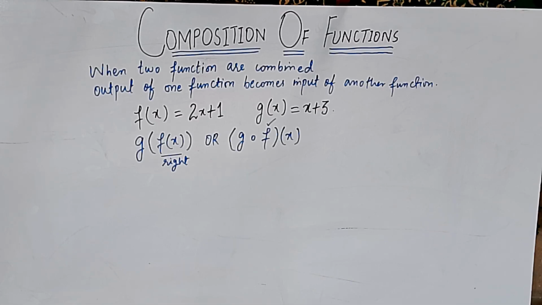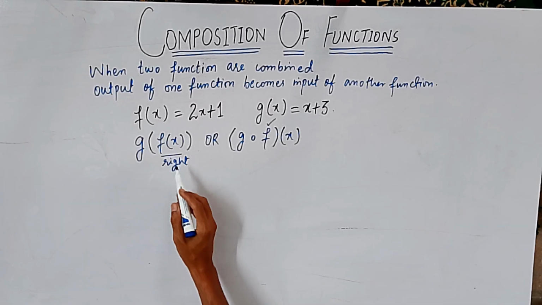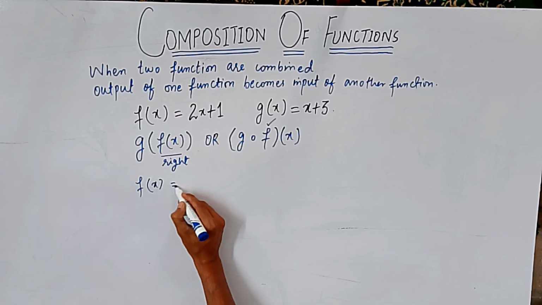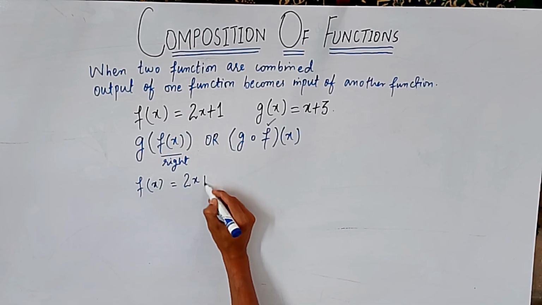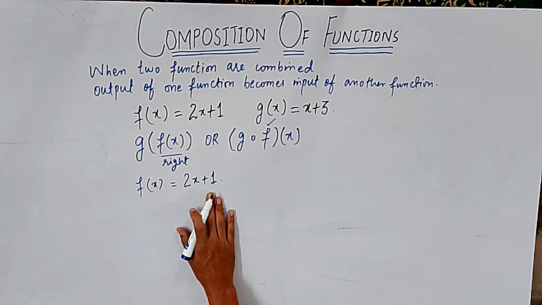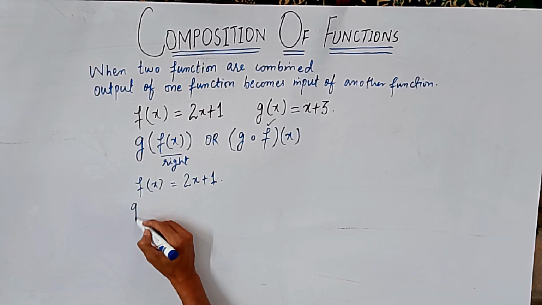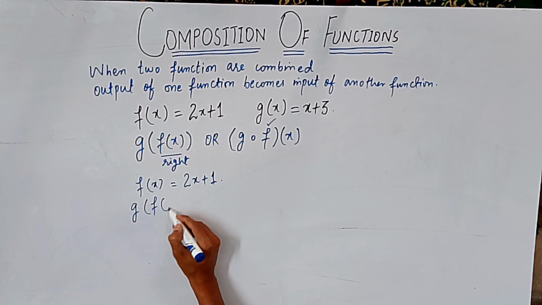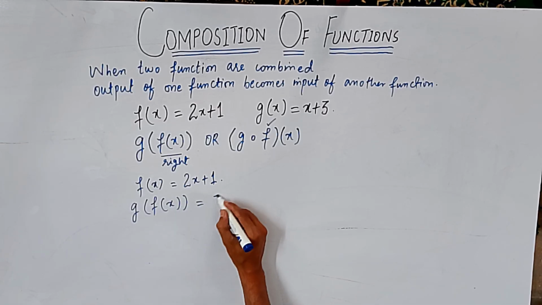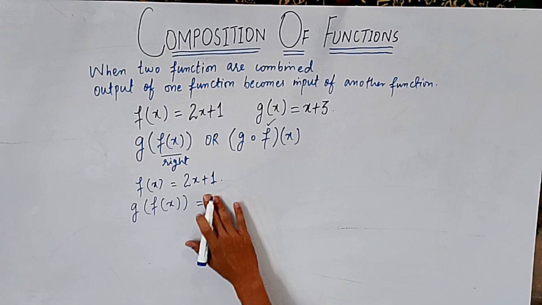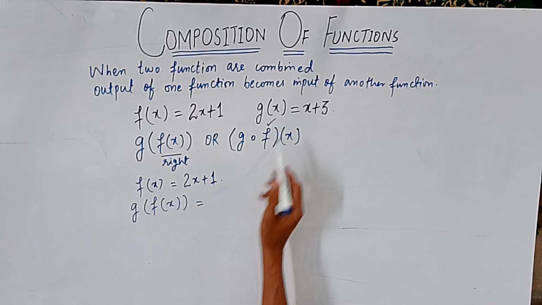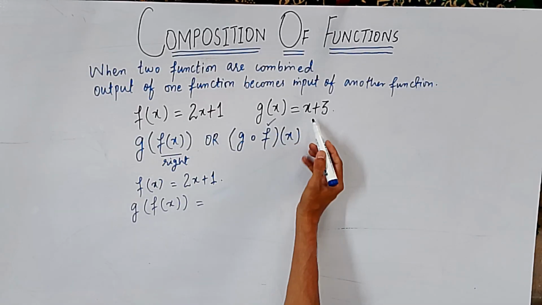So what will you do over here? Your f of x is 2x plus 1. Right now, no value is given, so we will directly just combine it. This is your f of x. Now you need to put f of x in place of x in g of x. g of x is x plus 3.